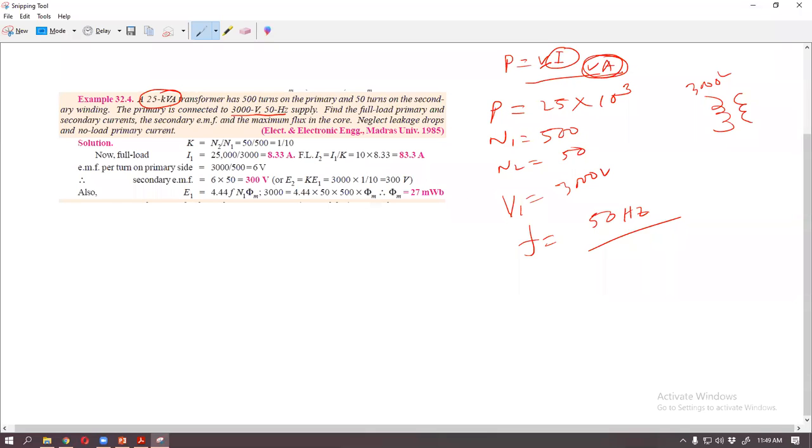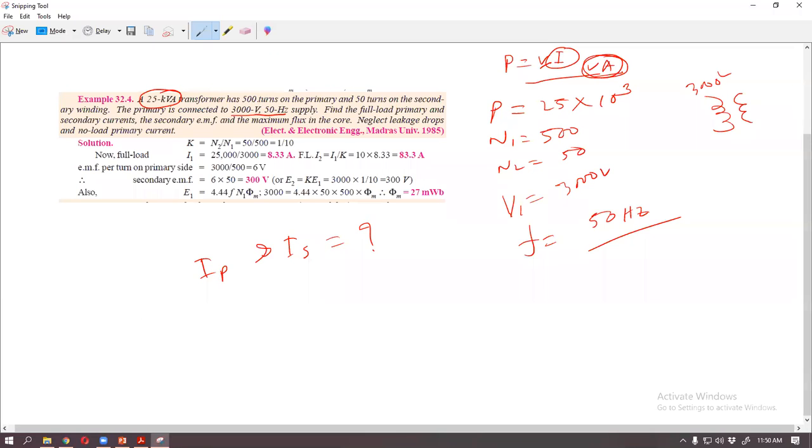Okay. Find the full load primary and secondary current. First point, find the full load primary and secondary current, so primary current IP and IS, secondary current.